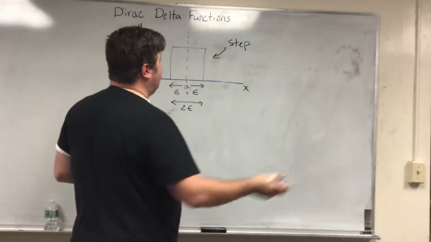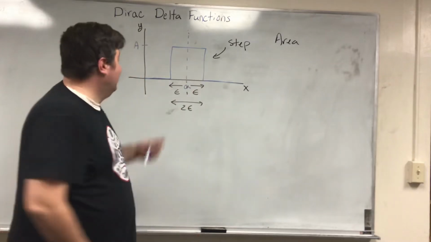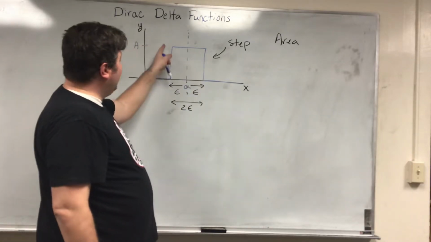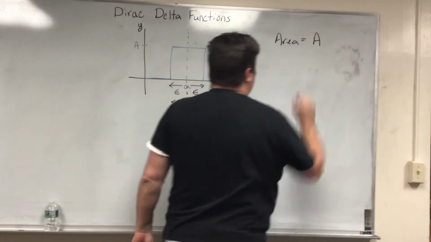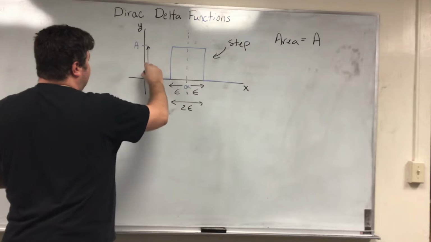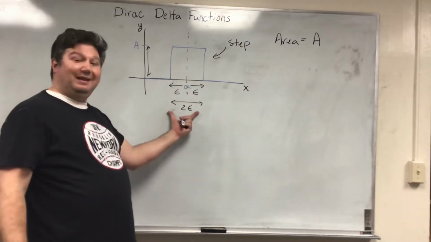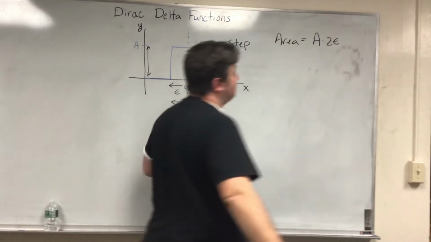Now, one of the cool things about this step function is it's easy to calculate the area. The area is just its height times its width, so it's A, the height, times how wide it is, which is 2 epsilon.